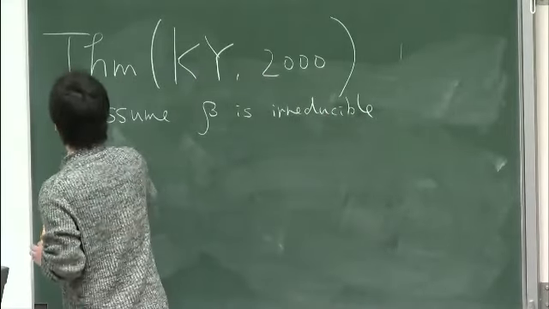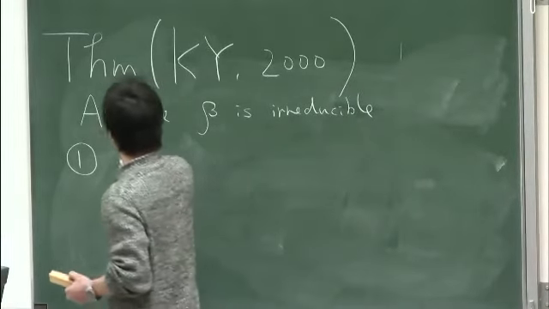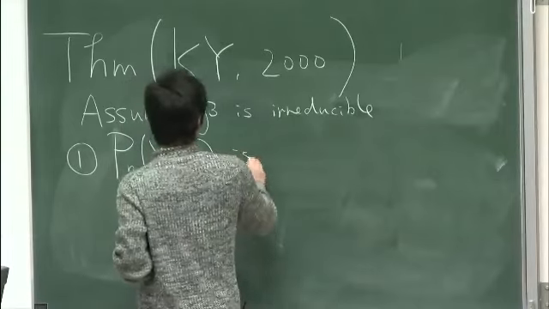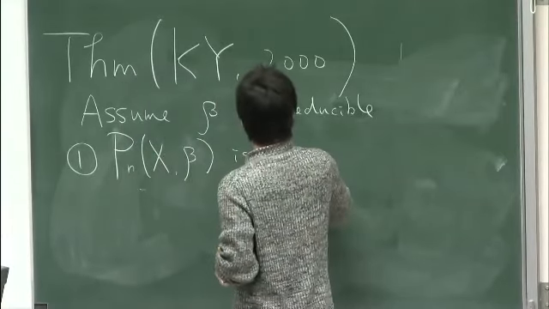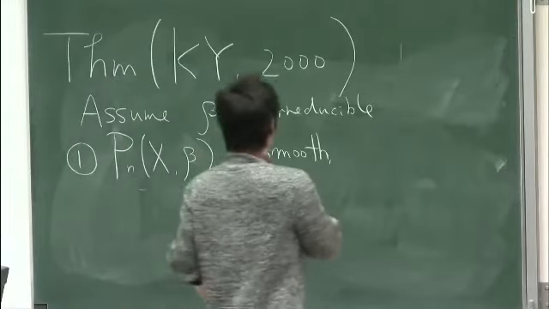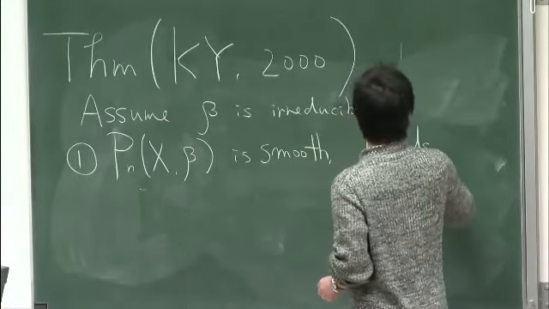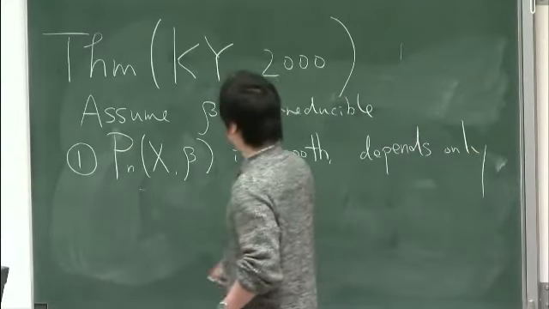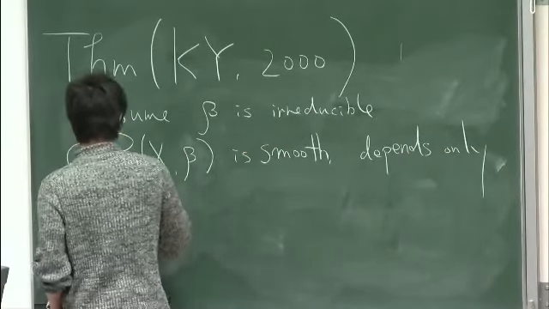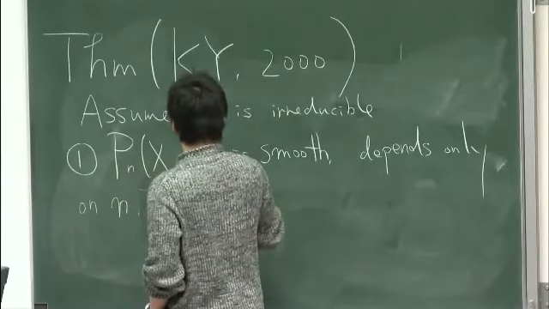Then in this case, first they show that this moduli space is smooth, and it only depends on the holomorphic Chern character n and beta square, but this is up to deformation equivalence.